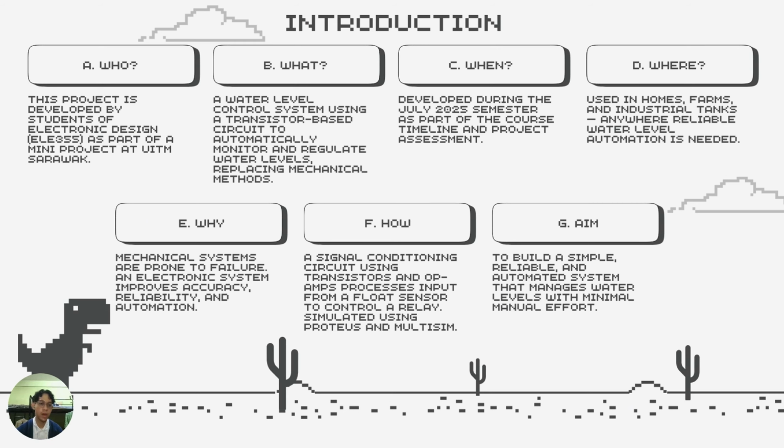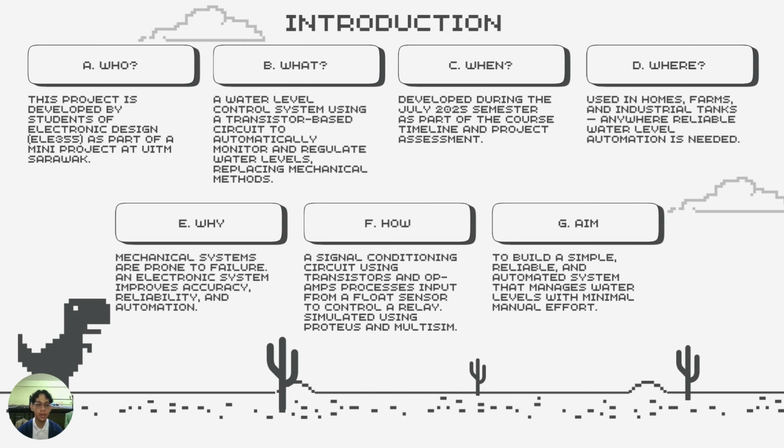As for how it works, we designed a signal conditioning circuit using transistor and operational amplifier. This circuit processes input from a float sensor and control a relay as an output. We also tested the design through simulation using tools like Proteus and Multisim.